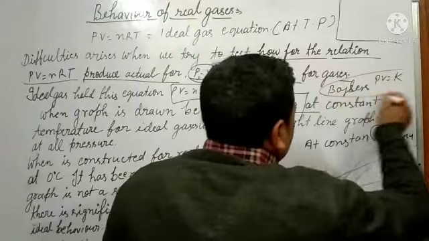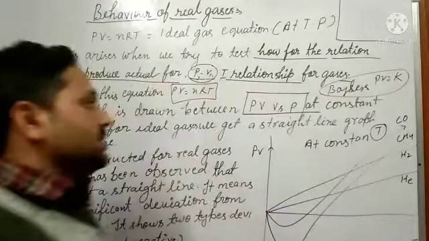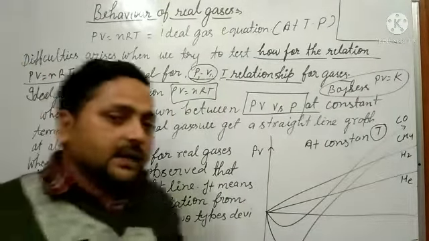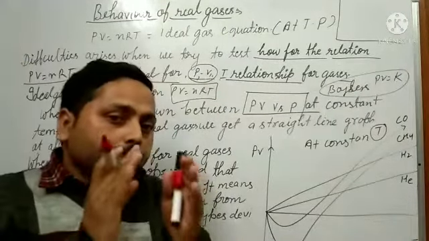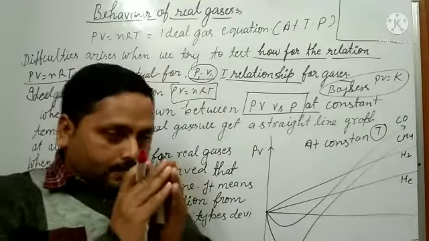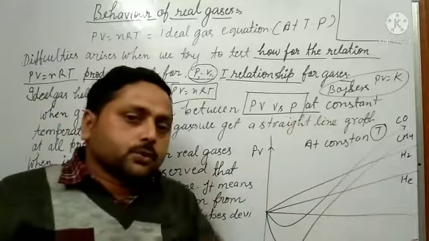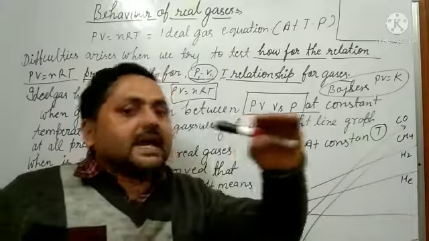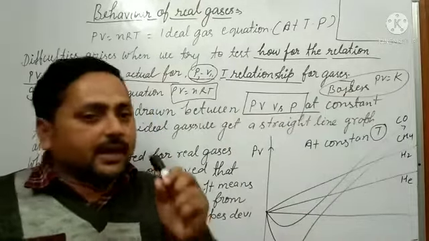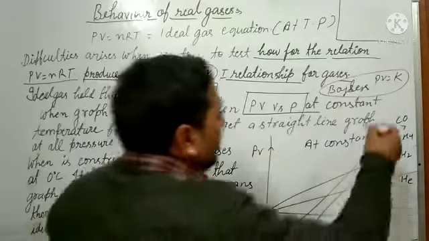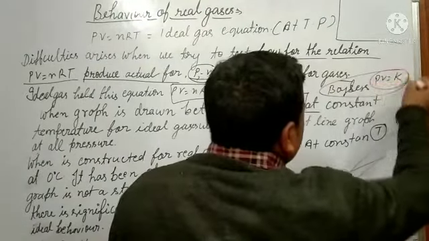According to Boyle's concept, if we draw the graph between PV versus pressure, there will be a straight line graph, meaning PV is constant and never going to change.